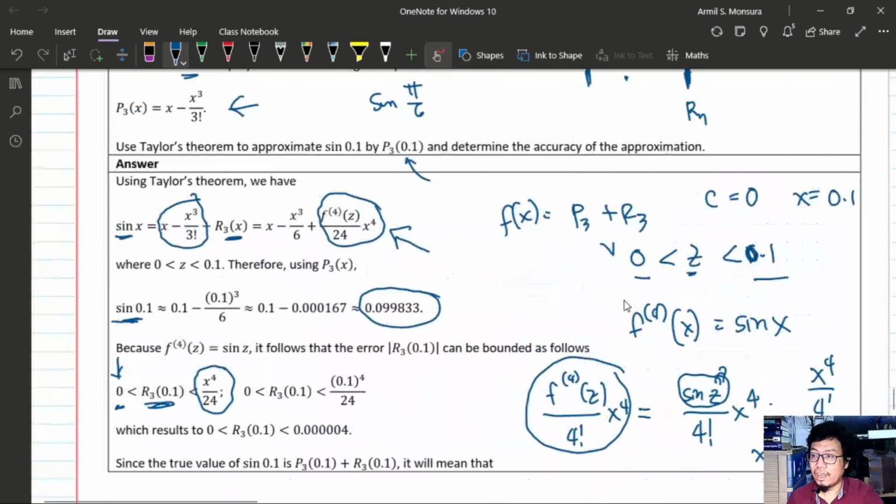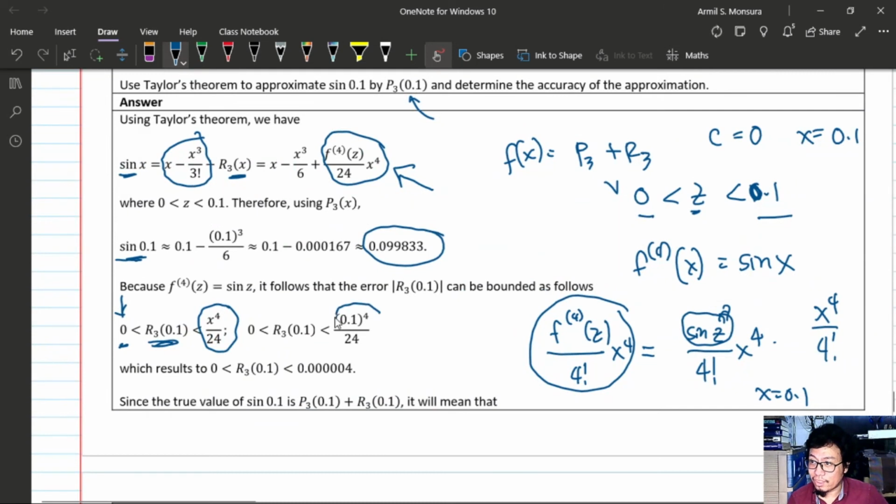So that is why the upper bound of your error is 0.1 raised to 4 over 24, which would be 0.000004. Okay, so that's the upper bound of your error.